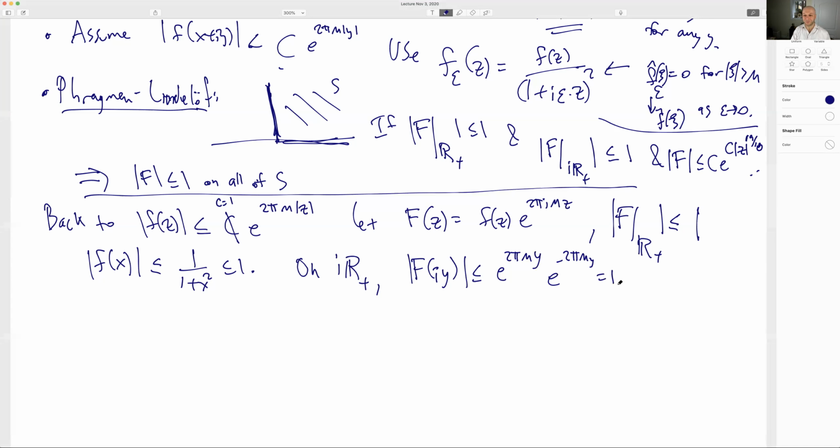And so this is equal to 1. So this is a function that grows at most exponentially. It's bounded by 1 here. It's bounded by 1 here. That means it's bounded by 1 everywhere.